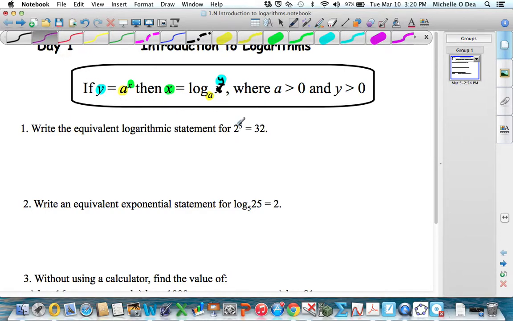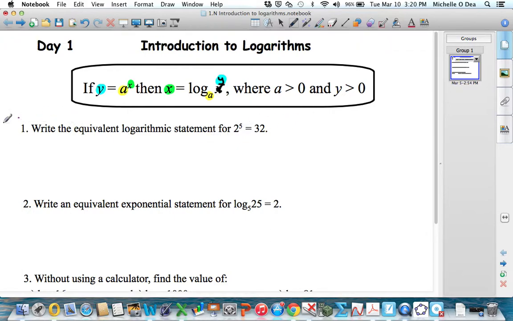So the first thing we have to do here is write 2 to the power of 5 equals 32. We know that's a true statement. We just have to rewrite this in logarithm form. So we start with the base. The base of the exponential is the base of the log. So straight away I know I'm going to have to write log, and then you write it small as a subscript.